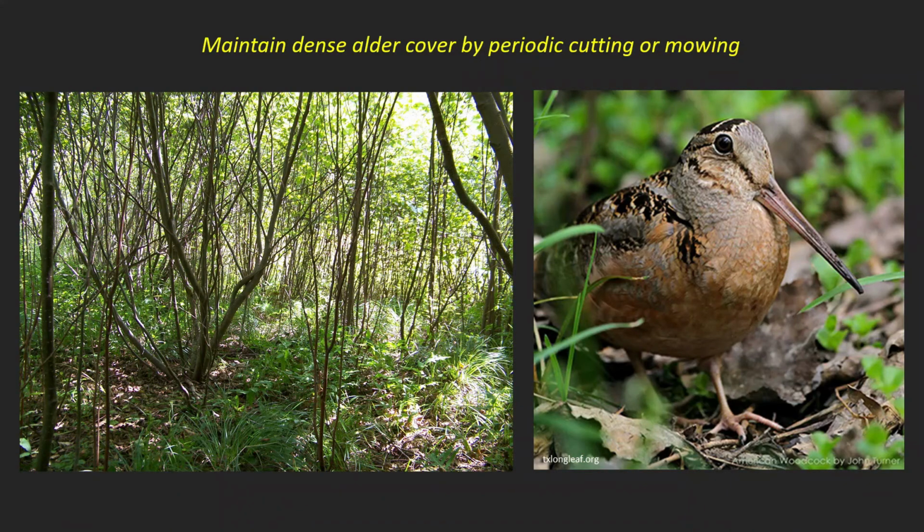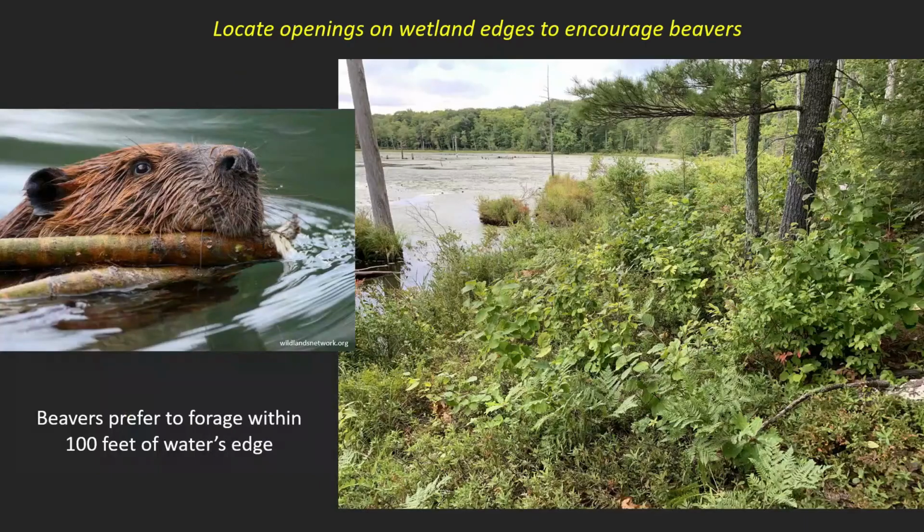Tall, dense speckled alder growing along wetland edges or in wet fields provide ideal cover for woodcock when they are foraging for earthworms. We often use a forestry mower to periodically cut the alders in small groups or patches, which stimulates these shrubs to resprout vigorously and is a good way to maintain their cover value for wildlife.